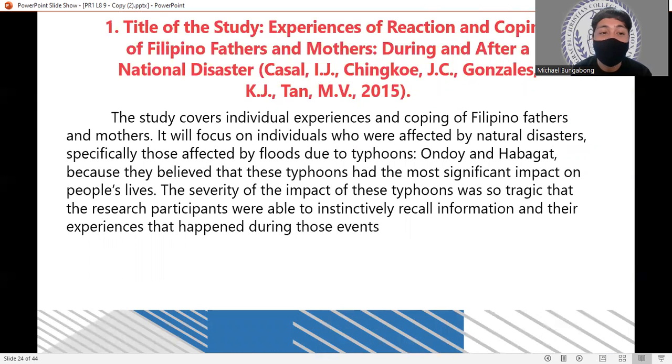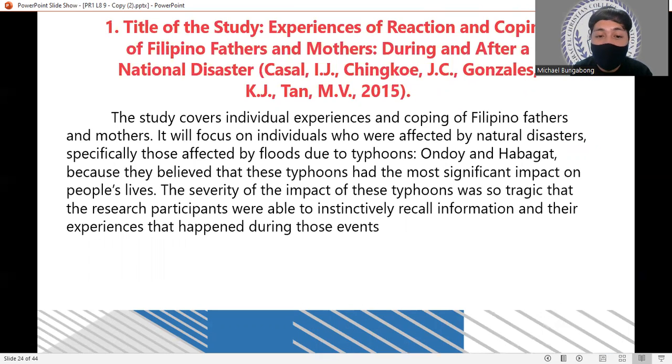For example, this one, class. The study covers individual experiences and coping of Filipino fathers and mothers. It will focus on individuals who are affected by natural disaster, specifically those affected by floods due to typhoons Undoy and Habagat, because they believe that the typhoons had the most significant impact on people's lives.